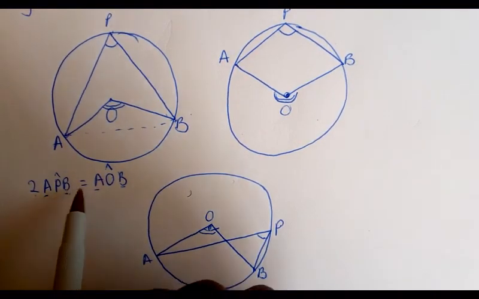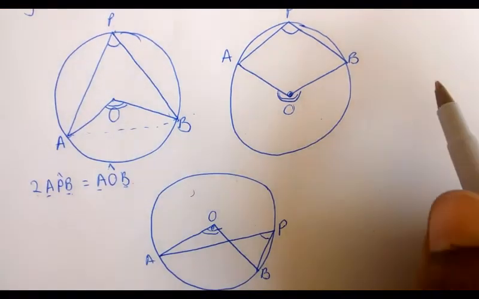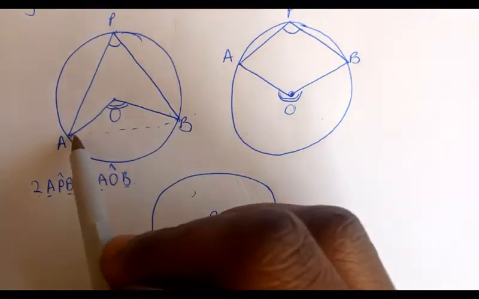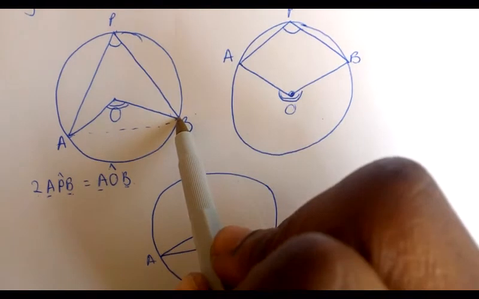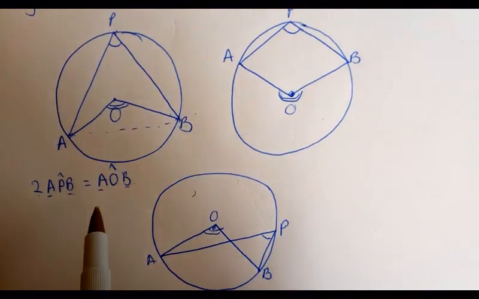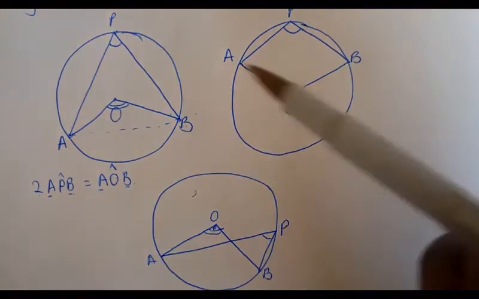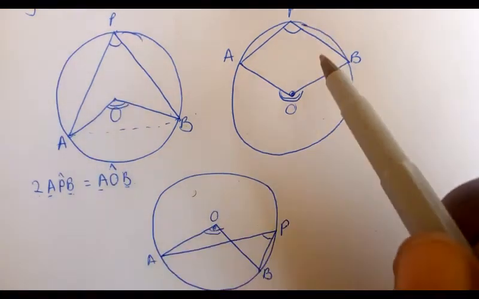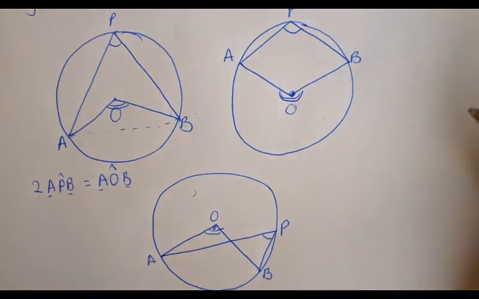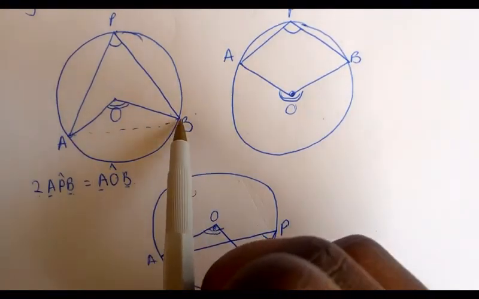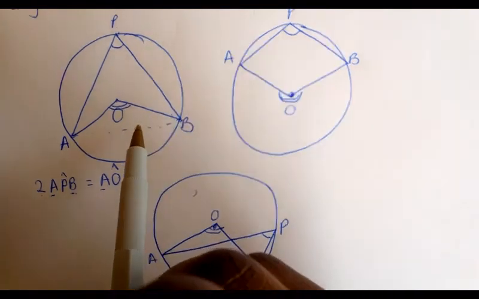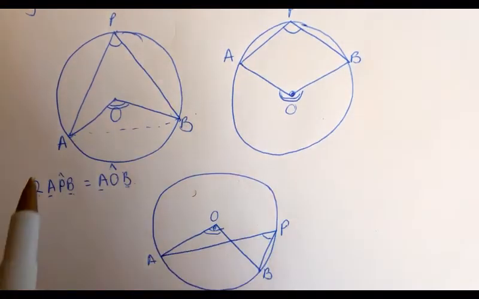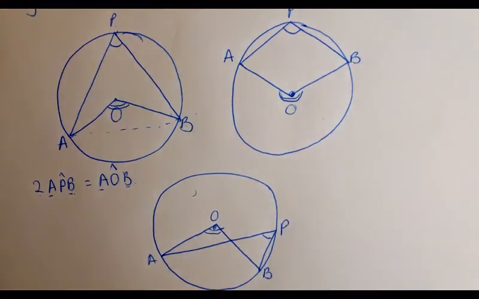You see, APB, AOB. The only difference is that this is at the center and this is on the circumference. So if you see angles like this, you just know that the one at the center is twice the one on the circumference, given that they have the same starting and ending points and they are on the same arc.